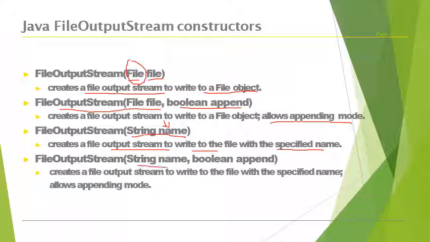Next one is String name, boolean append. Similarly, if we have already written data into the file, we can allow appending mode in this case. These are some constructors in the FileOutputStream class.